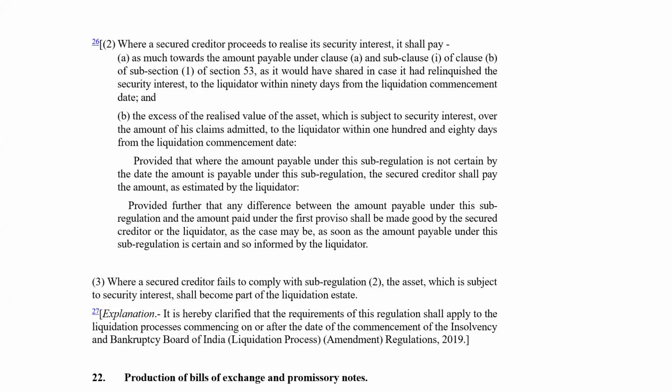Provided further that any difference between the amount payable under this sub-regulation and the amount paid under the first proviso shall be made good by the secured creditor or the liquidator, as the case may be, as soon as the amount payable under this sub-regulation is certain and so informed by the liquidator.